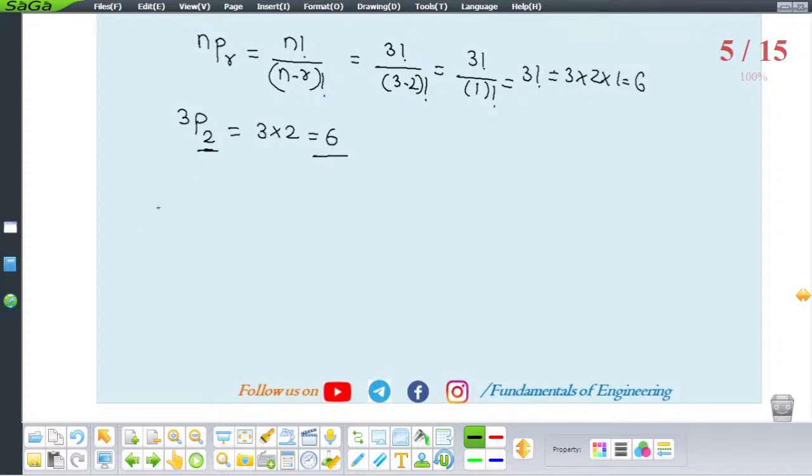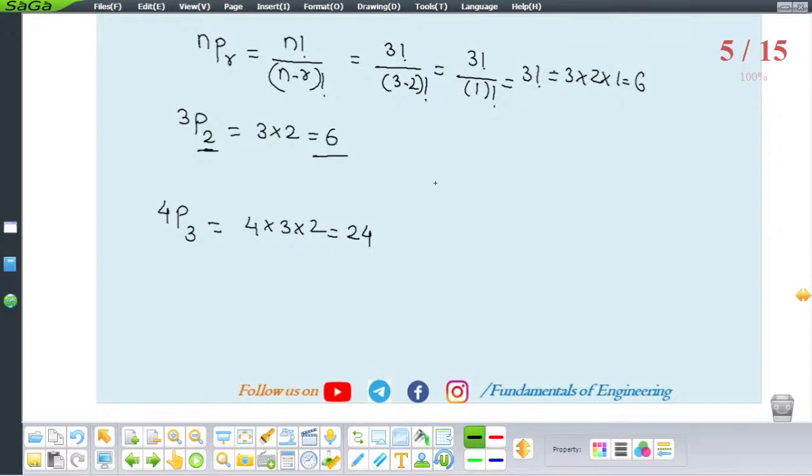If you have higher values, 4P3, there also you have to write down 4 in a reverse way 3 times. So 4 into 3 into 2. 4 threes are 12, 12 into 2, 24. So you are getting that point.